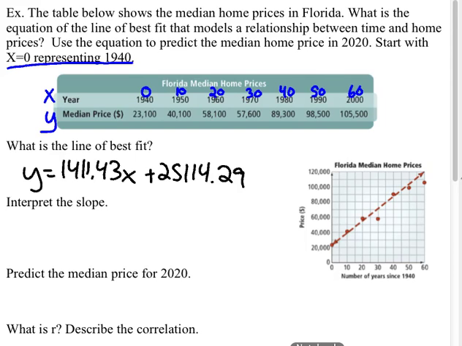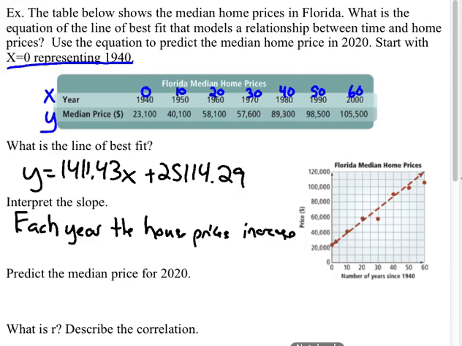And now we're going to interpret the slope. Here, x is representing years. So basically, each year the house prices increase by the slope, this amount right here, 1,411.43.